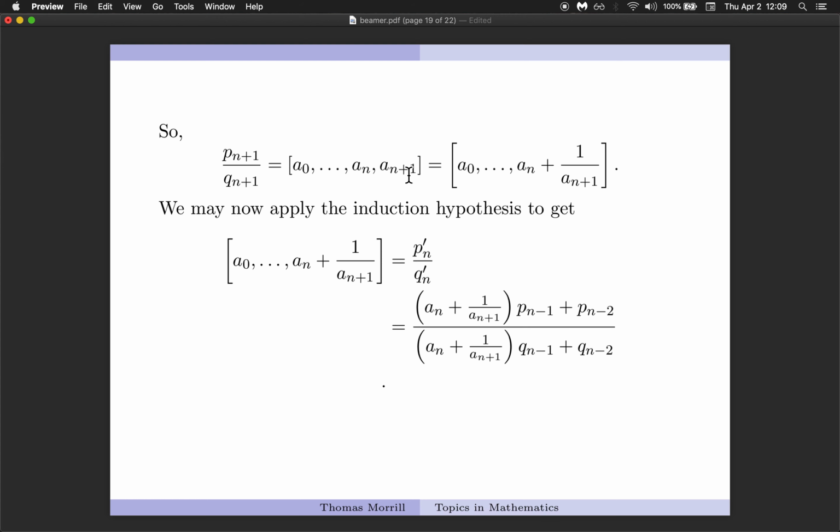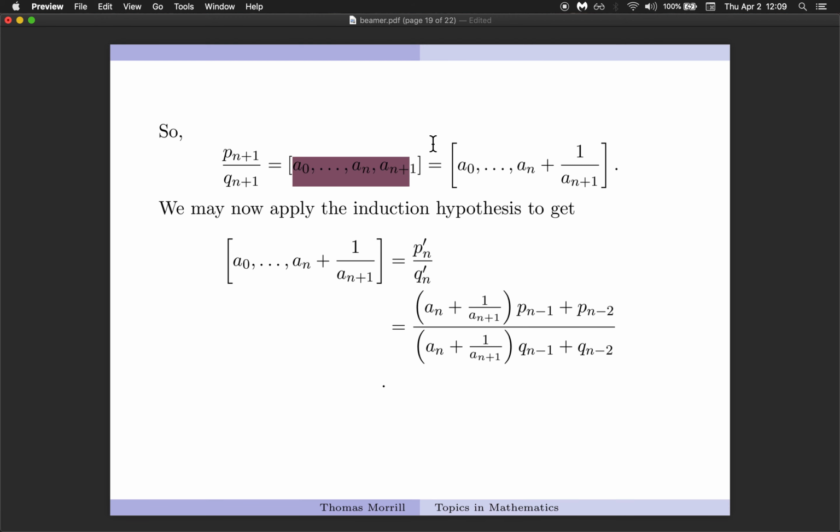I'm going to be a little sneaky and say that this is the same thing I would get if I took a shorter continued fraction expansion. a0, a1, a2 are all the same, and the final one of these is an plus 1 over an plus 1. Is that shorter? Well, the breadcrumbs are kind of obscuring it here.